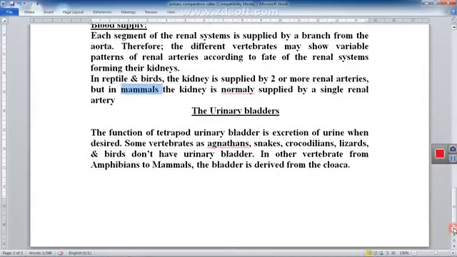In consideration of the urinary bladder, in tetrapods, the urinary bladder is seen and it functions for excretion of urine when it is desired, not when it is produced. However, there is also variability. There are many variabilities that could be seen, including that some vertebrates, just like the Agnathans and the snakes, crocodiles, lizards, and birds, do not have a urinary bladder.